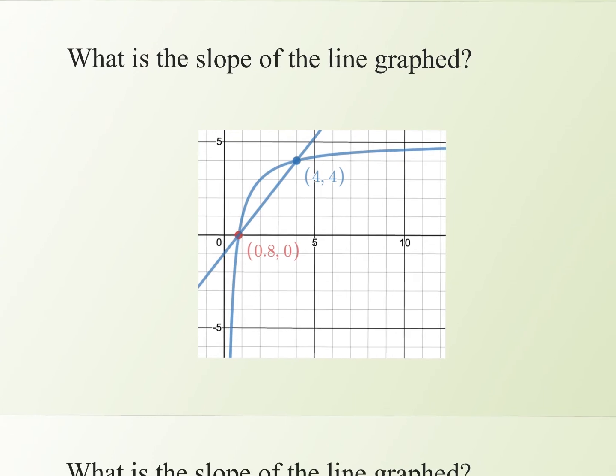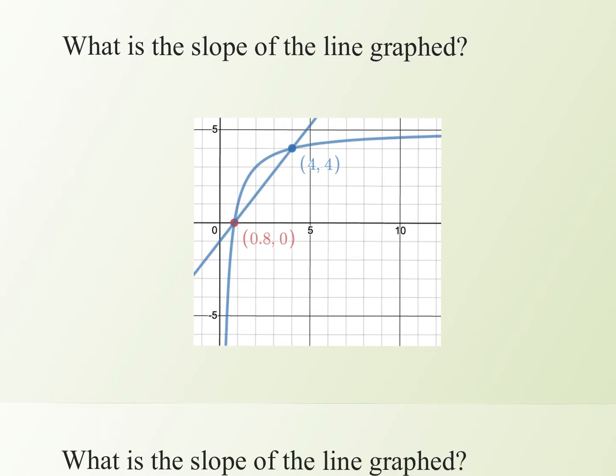Now, if I get those ordered pairs closer together, this is starting to become a more accurate description. So let's find the slope of this particular line. So again, change of y over the change of x, which in this case is going to be 4 minus 0 and 4 minus 0.8, which is 4 over 3.2, which is 1.25.